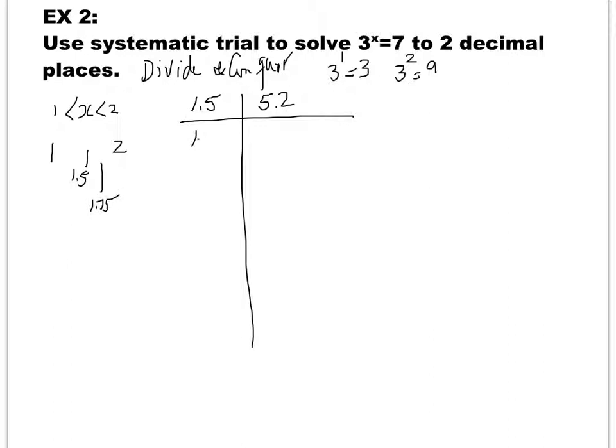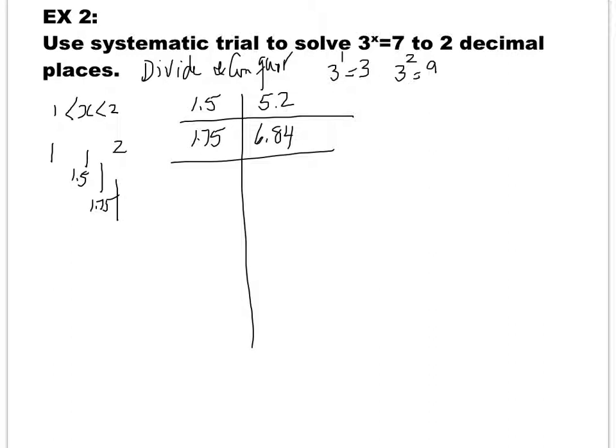So now I'm going to try 1.75. If you evaluate this on your calculator, you get 6.84, which, as you can see, is getting close to 7, but still we are not in the vicinity of 7 yet. It's less than 7, so the new guess has to be between 1.75 and 2.